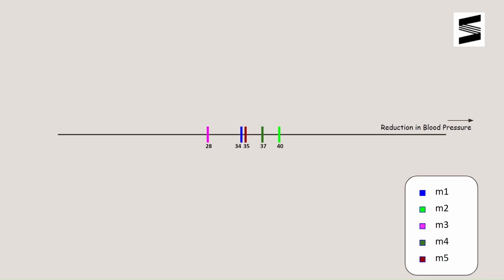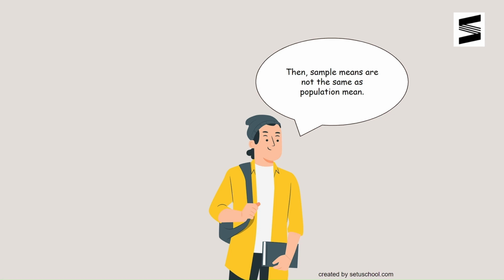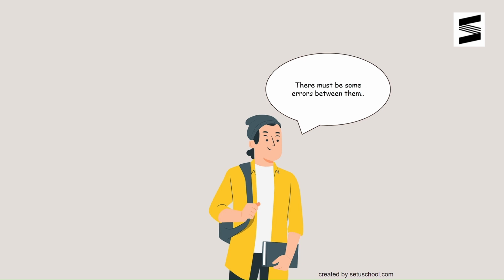We observe that average reduction of blood pressure in every sample is not the same, and so is the standard deviation. Thus, we can conclude that the sample averages are not the same as the population mean, and there are some obvious errors for each sample mean with the population mean.